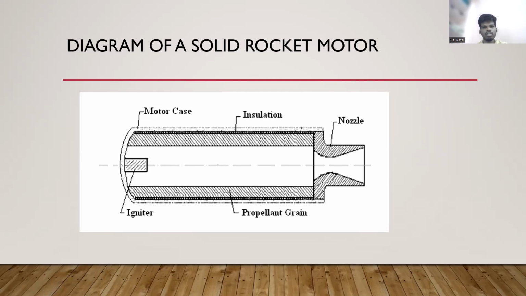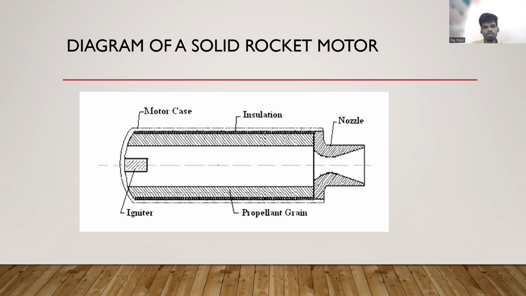The insulation also acts as a resistance to the heat temperatures, and the function of the nozzle is to convert the potential energy into kinetic energy. The hot exhaust gases coming out of the rocket motor accelerate the flow.